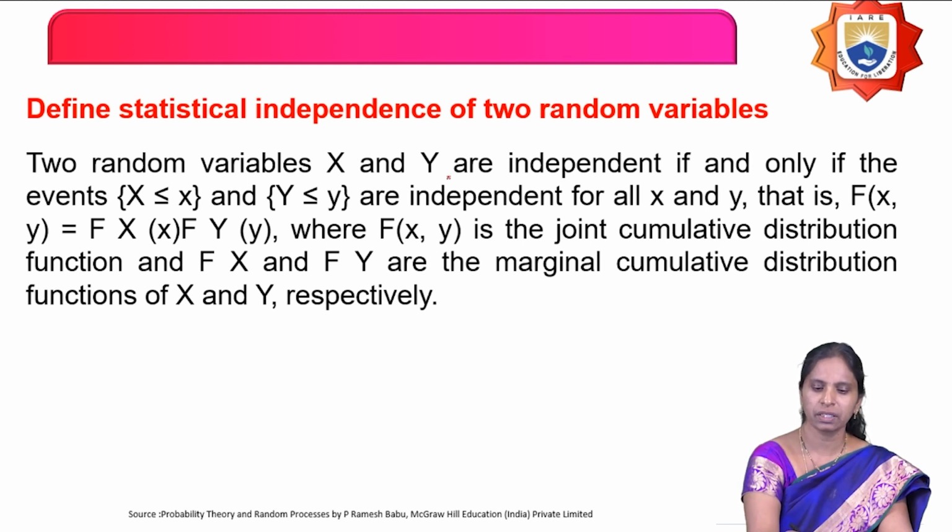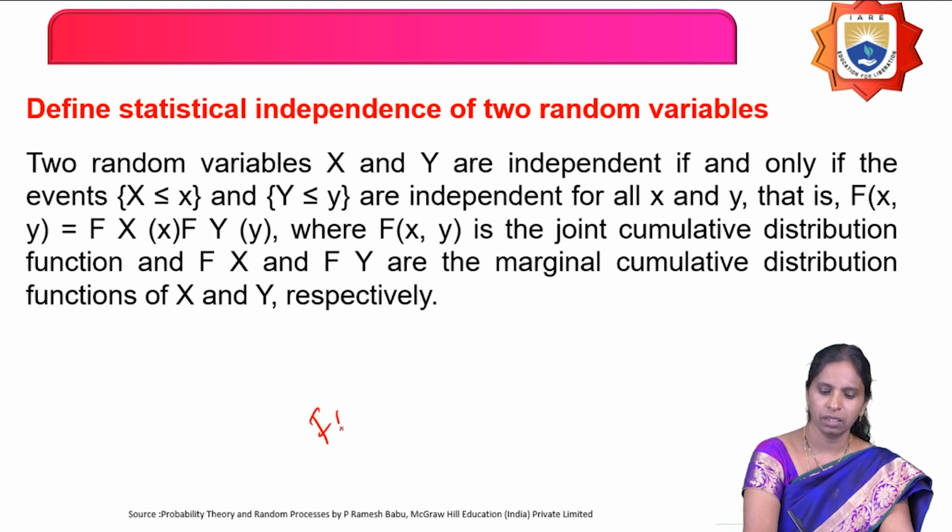Next one is define statistical independence of two random variables. How can you say that two random variables X and Y are independent? If and only if the events X less than or equal to x and Y less than or equal to y are independent for all values of x and y, then the random variables X and Y are statistically independent.